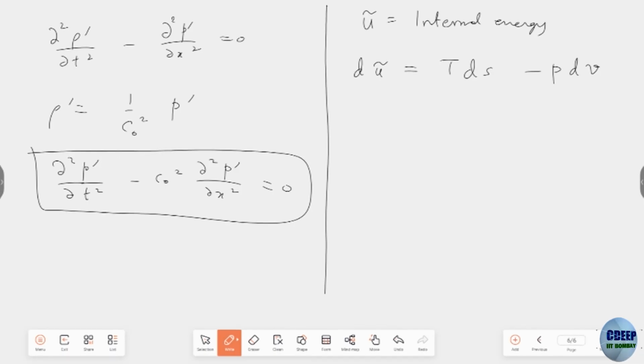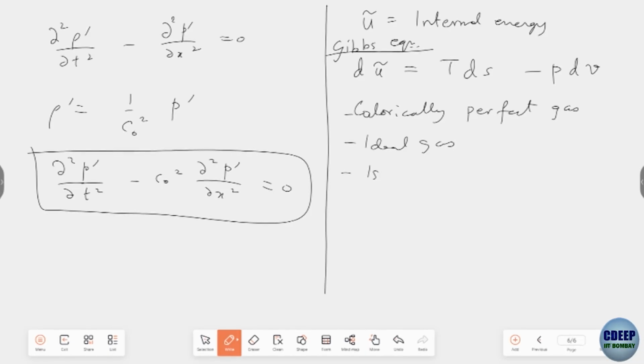So this is one of the Gibbs equations from classical thermodynamics. So we are going to use the fact that we are dealing with ideal gases, calorically perfect gases, and of course isentropic. So with isentropic, this T dS is 0.